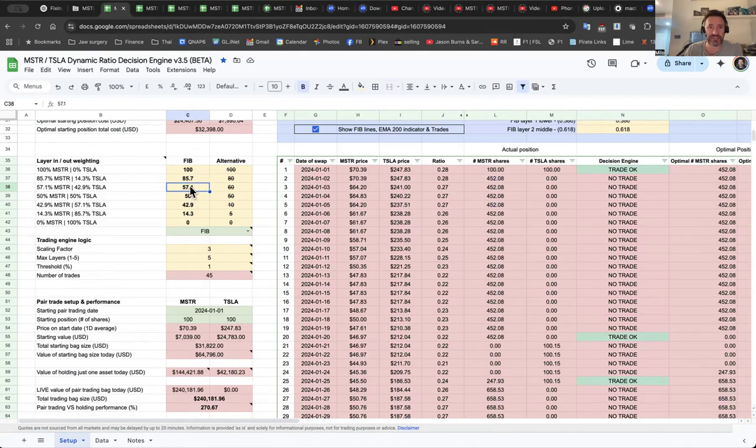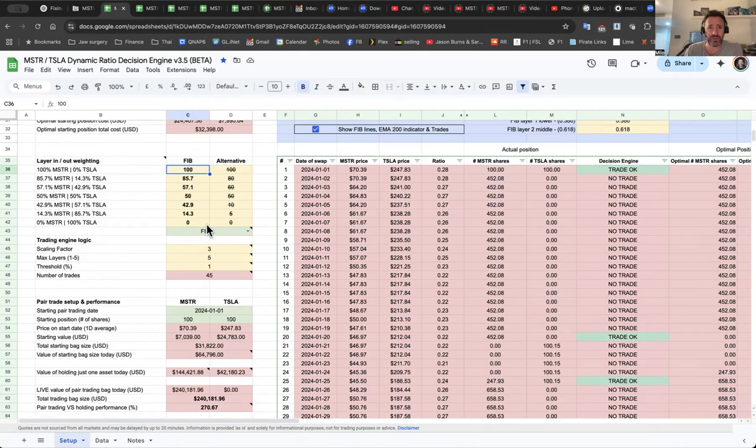And then when you go up to the next level, you then have 85.7% MicroStrategy, 14.3% Tesla. And then when you get to the top of the range, you want to be fully into MicroStrategy. Basically what it's doing is doubling down each time, so you get that kind of doubling down effect. And you're not constantly trading, you're just doing it at certain key points.